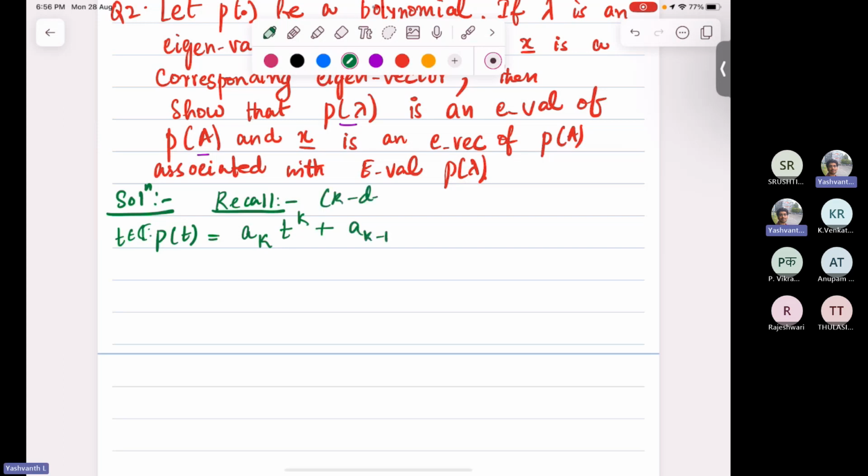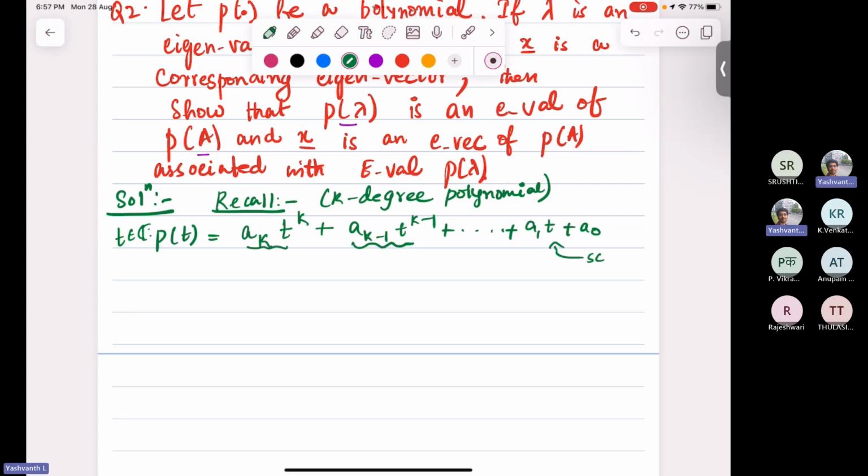Let me assume a k-degree polynomial: a_k t^k plus a_(k-1) t^(k-1) and so on till a_1 t plus a_0. This is a scalar, correct? Every term is a scalar here, so the entire sum is also a scalar.